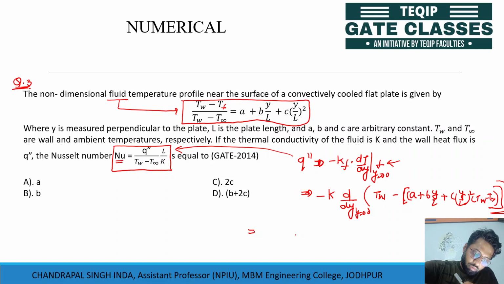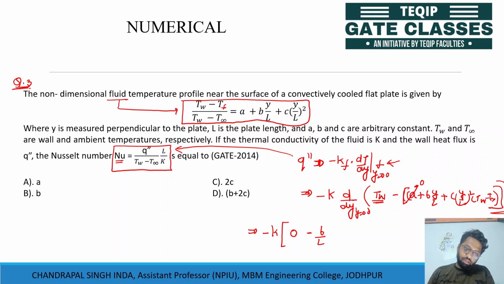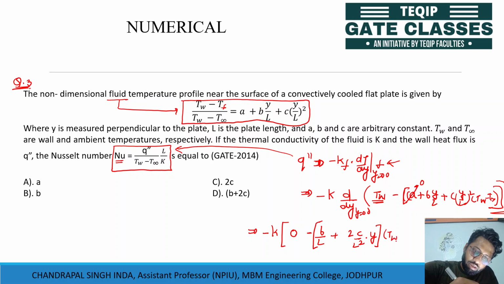So we will have minus K multiplied by the differentiation: the differentiation of T wall is 0, the differentiation of the arbitrary constant A is 0. From here we will have B by L plus 2C by L square into y, multiplied by (T wall minus T infinity).